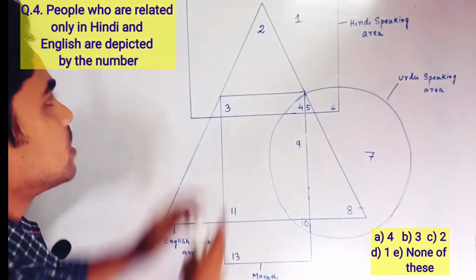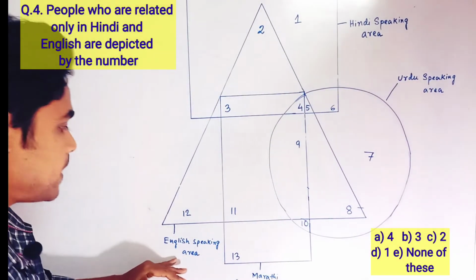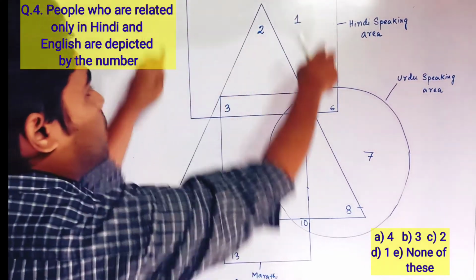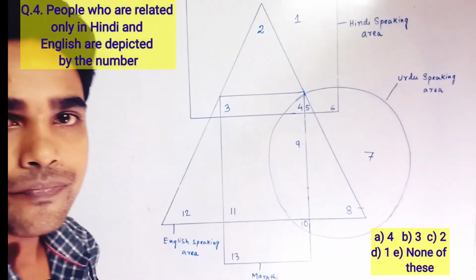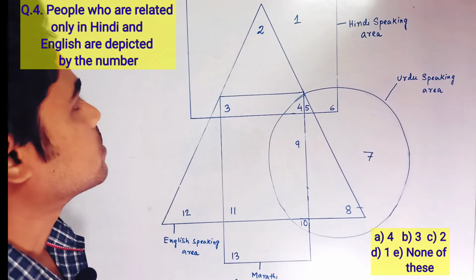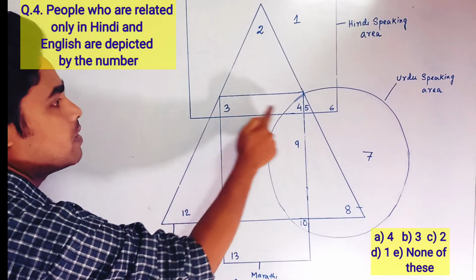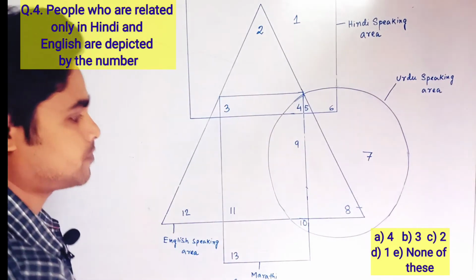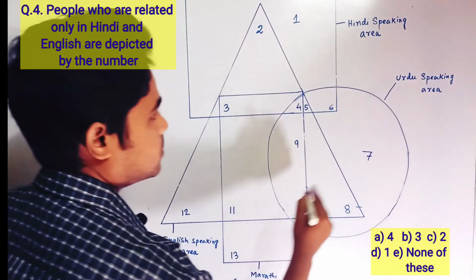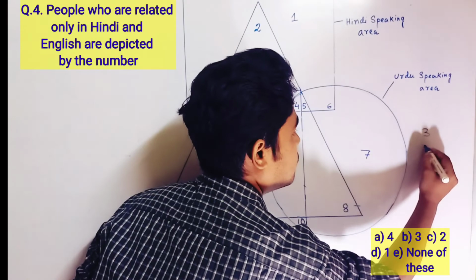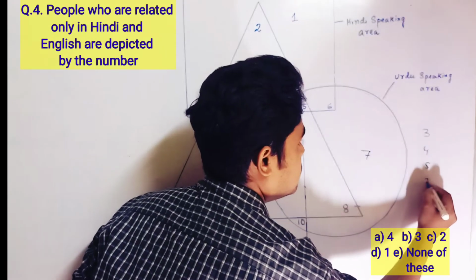Why? Because triangle represents English speaking area whereas the square represents Hindi speaking area. So what are the common numbers? Here the common numbers are 2, 3, 4 and 5. So I am writing the common numbers here, 3, 4, 5 and 2.